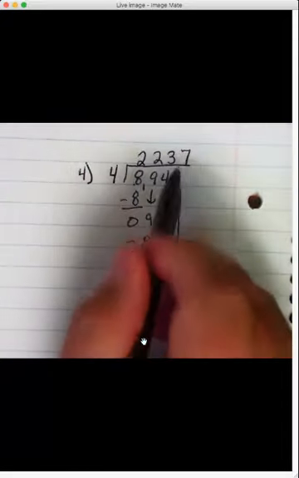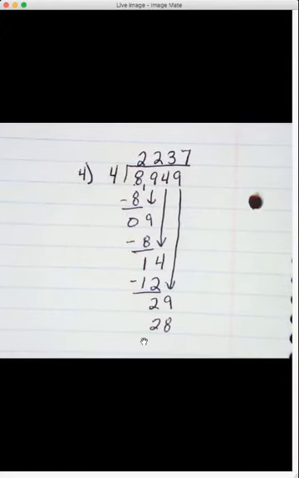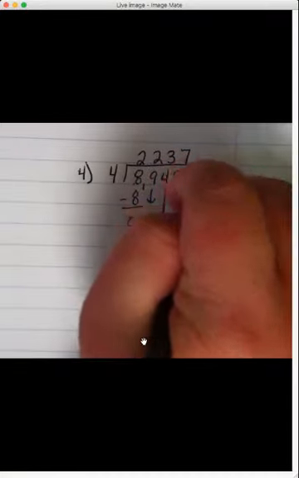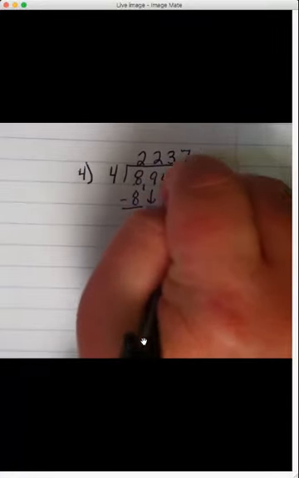That's what we need. 7. Mama multiply. 7 times 4 is 28. Sister subtract. 29 minus 28 is 1. We don't have anything to bring down, so we have an answer of 2,237, remainder 1. And we'll put our comma where it goes there.